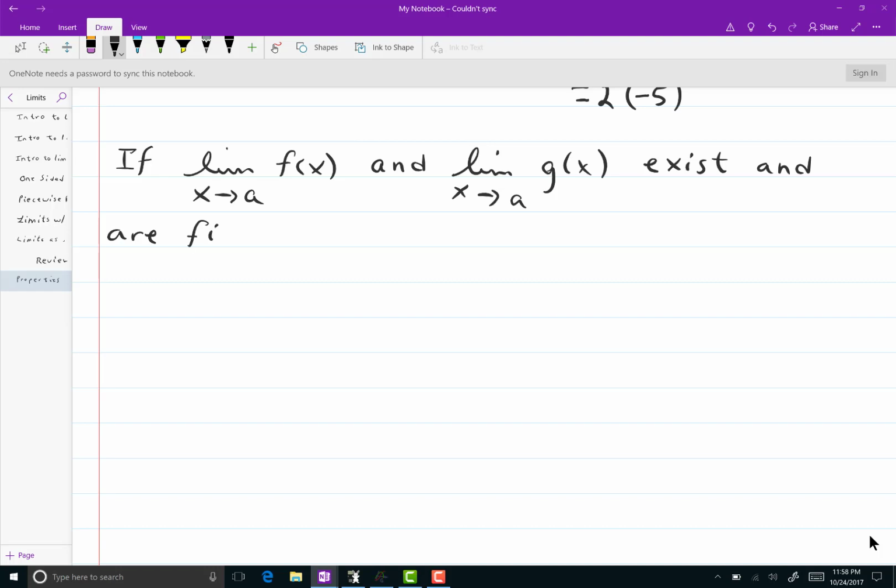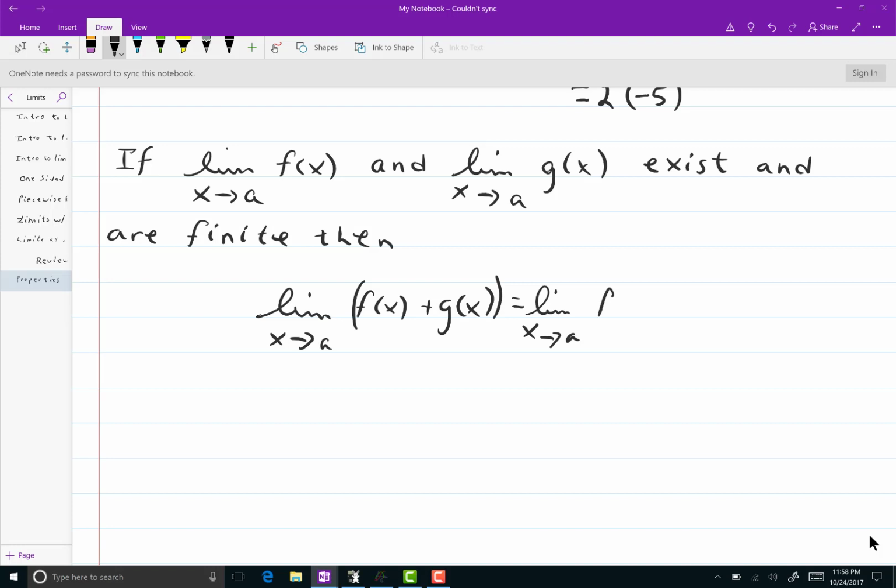It means infinity is not one of the answers to those things. Then the limit as x goes to a of f of x plus g of x is equal to the limit as x goes to a of f of x plus the limit as x goes to a of g of x.